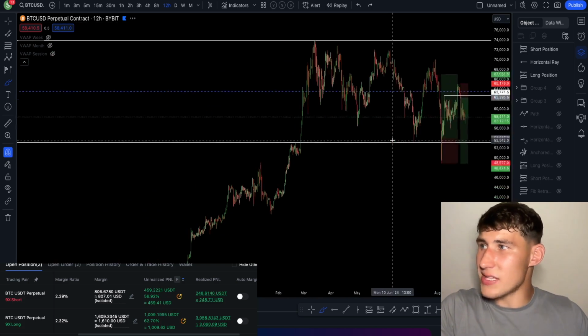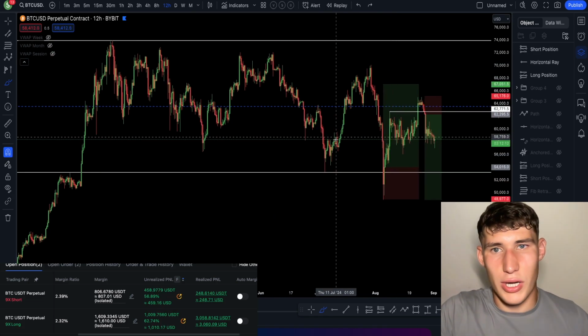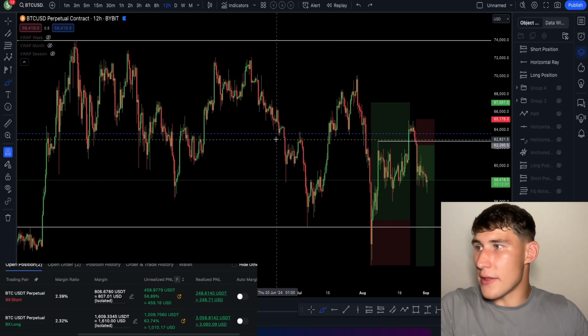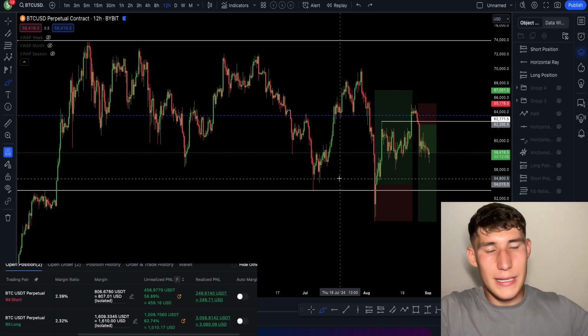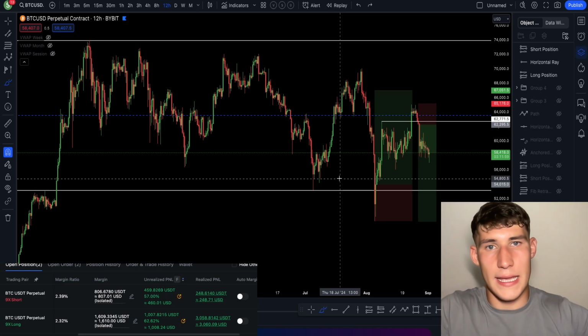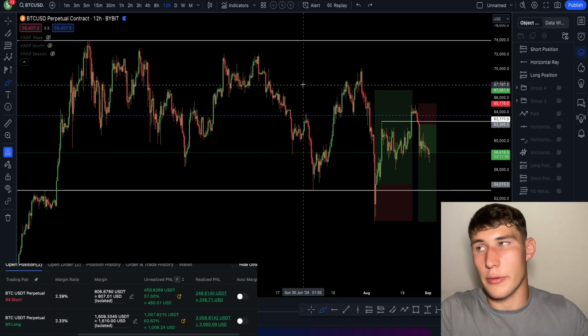Ever since Bitcoin has been in this large bull flag, as the retail traders like to call it, ever since price has been in this bearish market structure here, we have been continuously trading the trend. Like I say a lot of the time, trade the trend until the trend ends, because the trend is your friend until the end. And that's exactly what we've been doing here at Bit Trading.